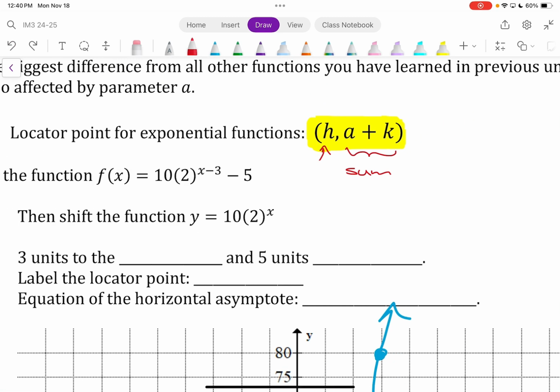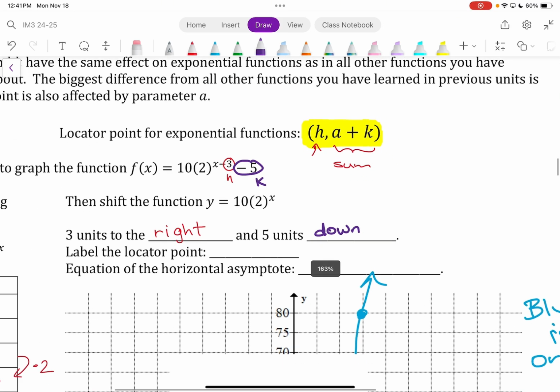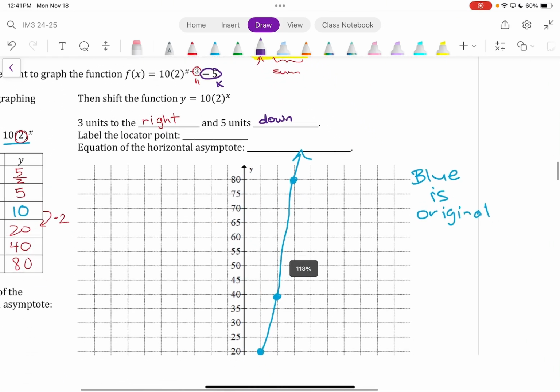So the h is actually positive 3. So it's 3 units to the right. And 5 units to the bottom or down. 3 units to the right, 5 units down.